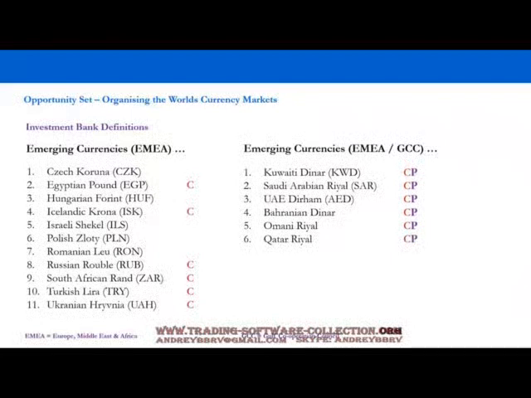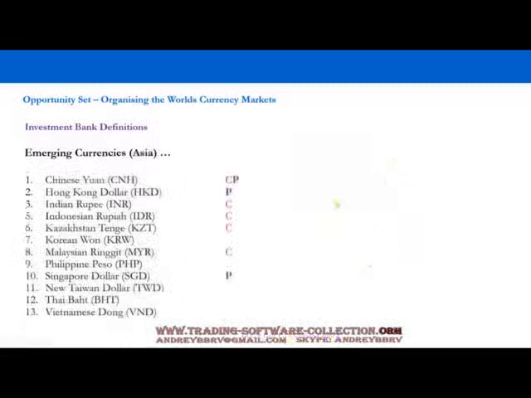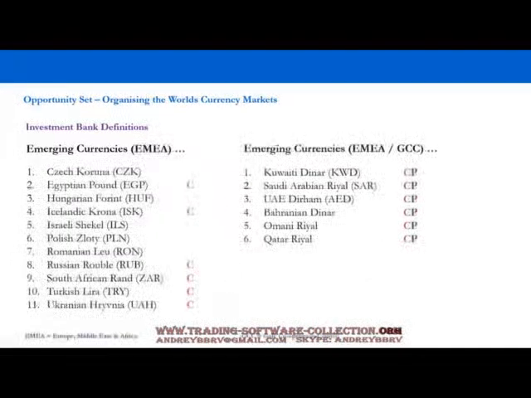Emerging currencies, typically within investment bank and retail broker definitions, are split up into EMEA, so Europe, Middle East, and Africa, Gulf, so Gulf Cooperation Council, GCC, and also on the next page, Asia. And what you see here is that we've marked up again a bunch of these currencies with a letter C, because they're dependent very heavily on just one or two commodity prices.